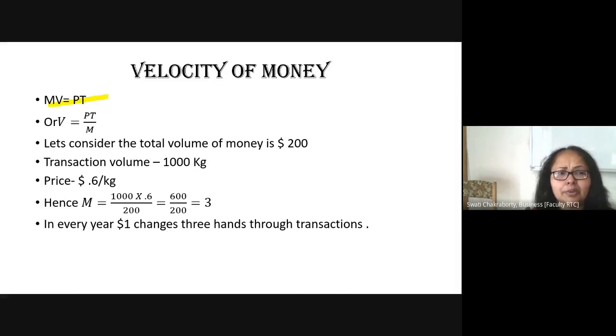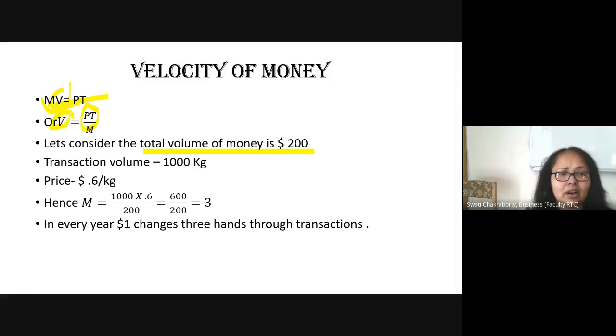So MV equal to PT. To find out the value of V, you just bring M down, so PT by M, right? So let's take an example. If, for instance, the total volume of money is $200, right? And 200 here, that's M, the total volume.